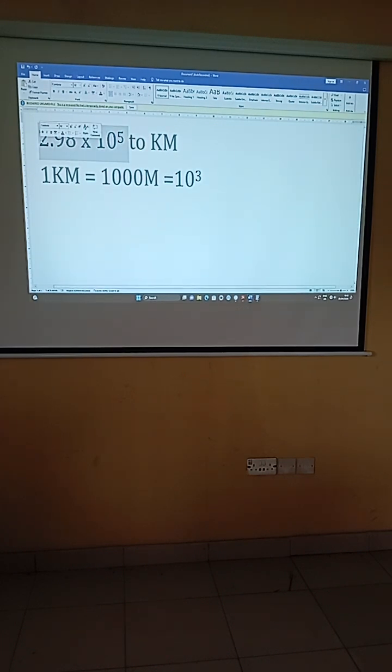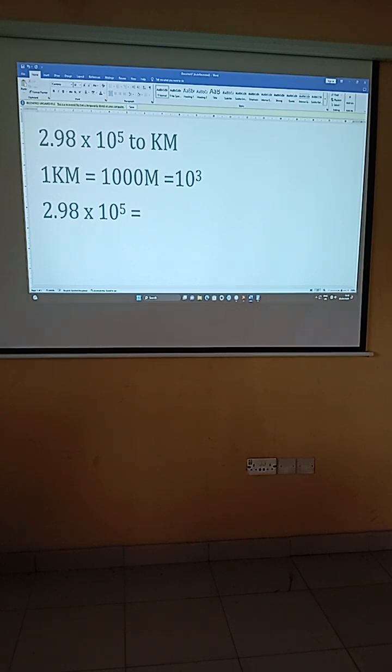Therefore, 2.98 will give us X meters, which is X meters. Alright?